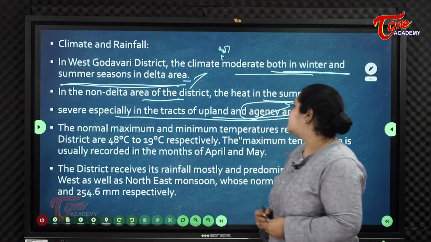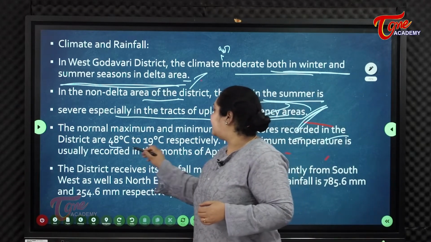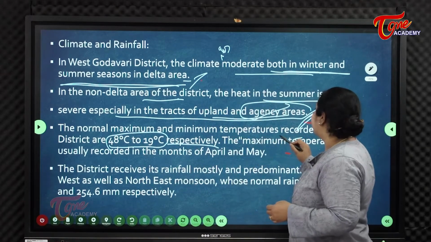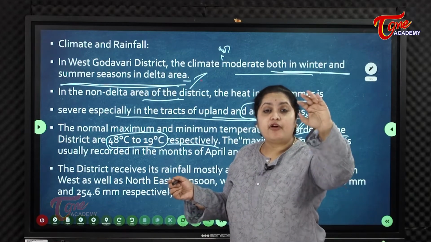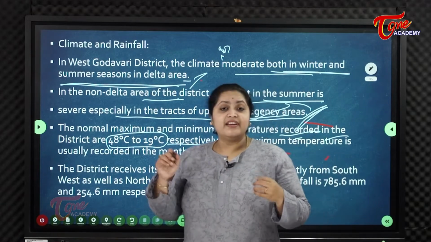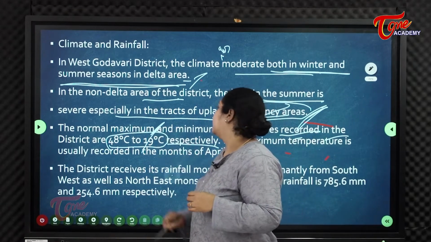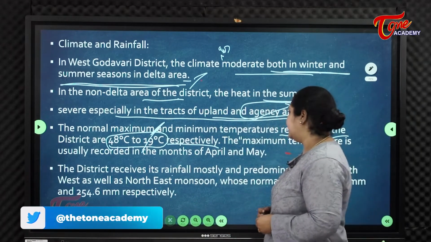The normal maximum and minimum temperatures recorded in the district are 48 degrees and 19 degrees respectively. It reaches a maximum of nearly 48 degrees, and the minimum varies to 19 degrees.